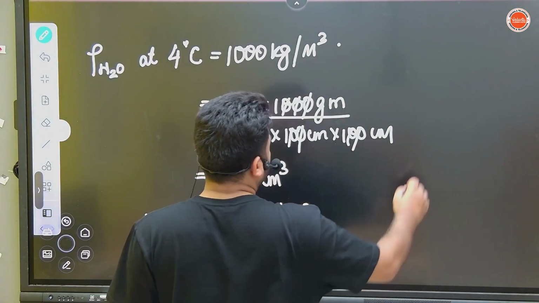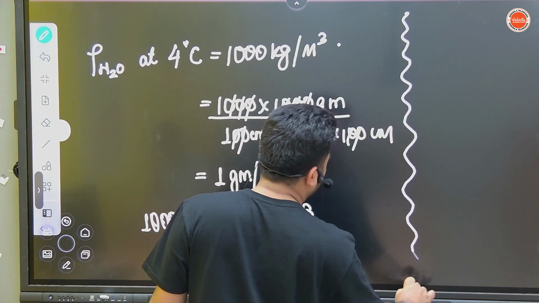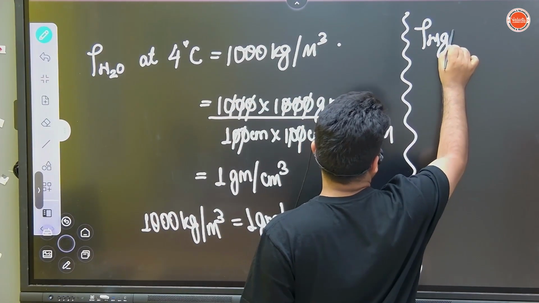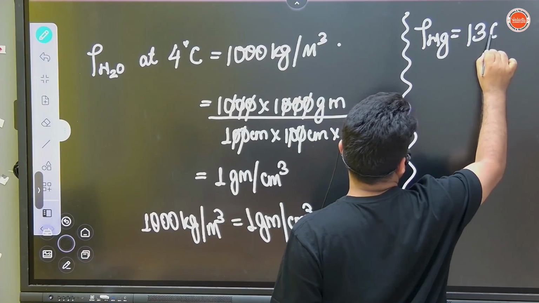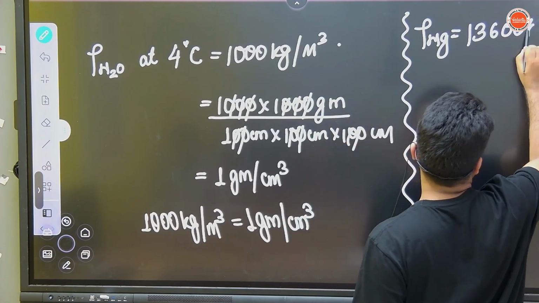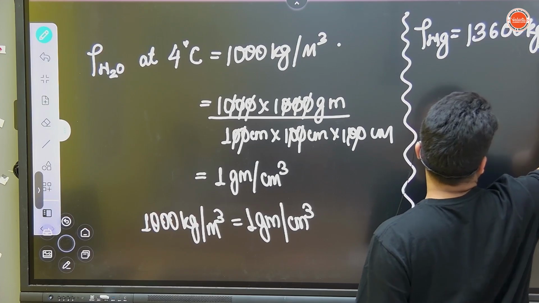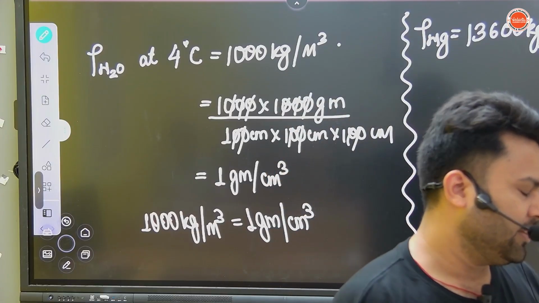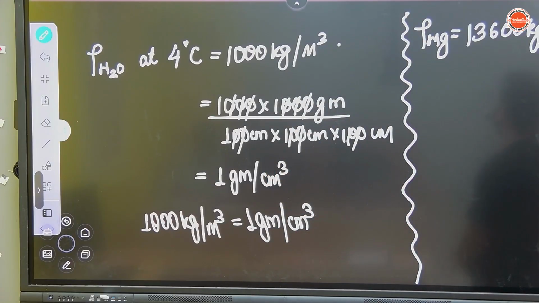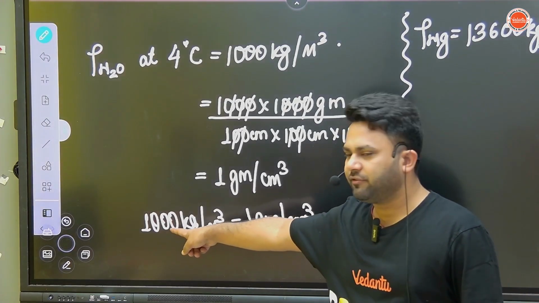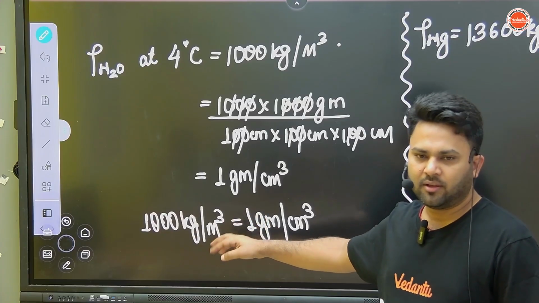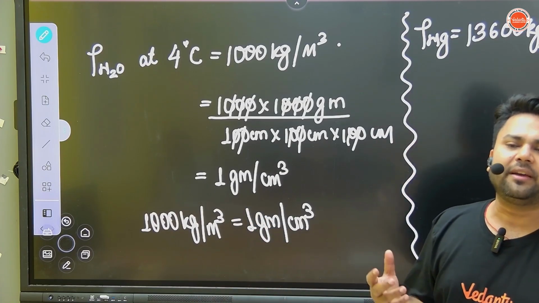Some more density values you should remember. The density of mercury is 13600 kg per meter cube. So again I am saying, if they ask to convert from kg per meter cube to gram per centimeter cube, like the density of water was 1000 kg, and in gram per centimeter cube it is 1, what we have to do is divide exactly by 1000.